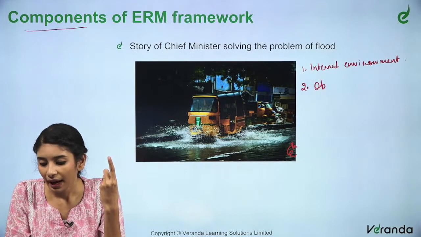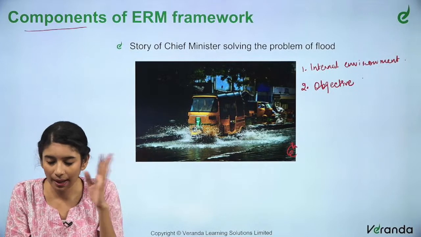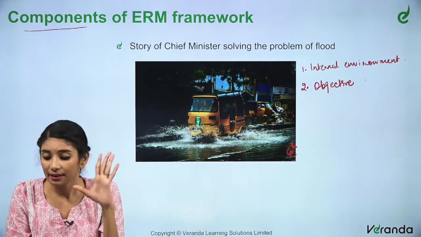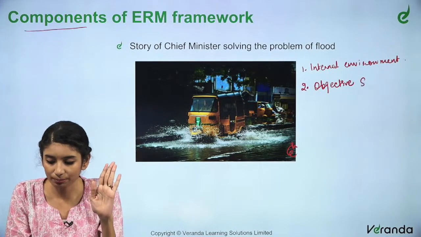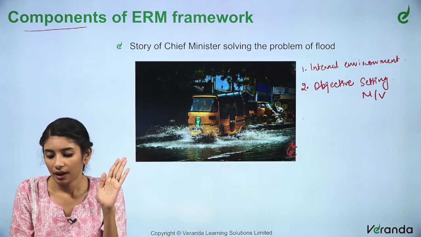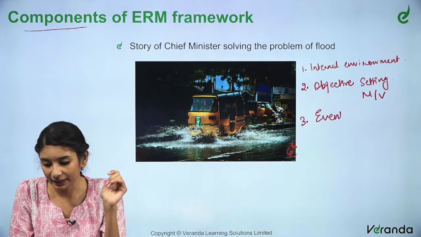Second, I need to set my objective: whatever has happened so far is the past, now what is going to happen? I am going to take care that these areas are not flooded. Objective setting: what is my mission, vision? Third, after I set my objective, event identification.